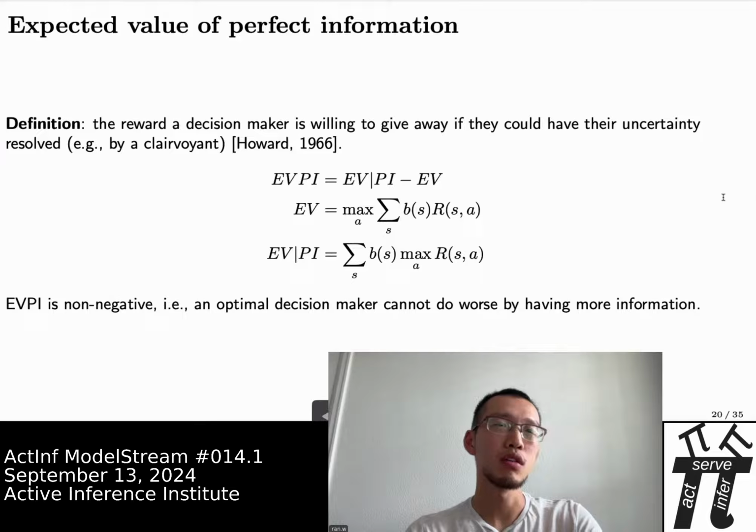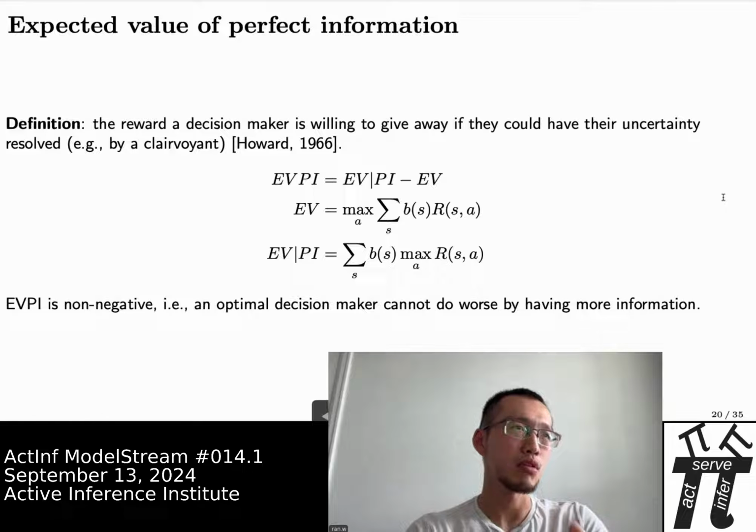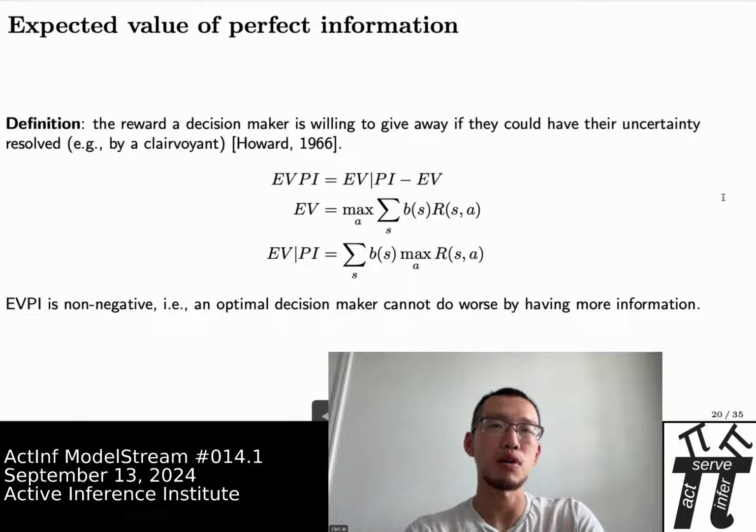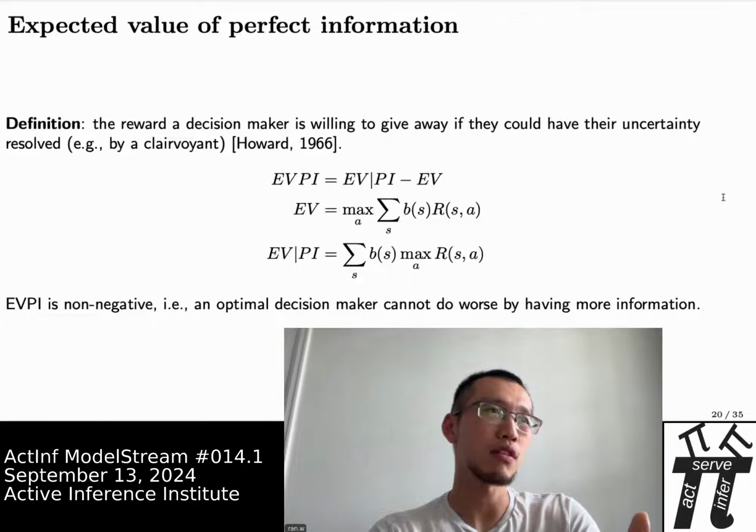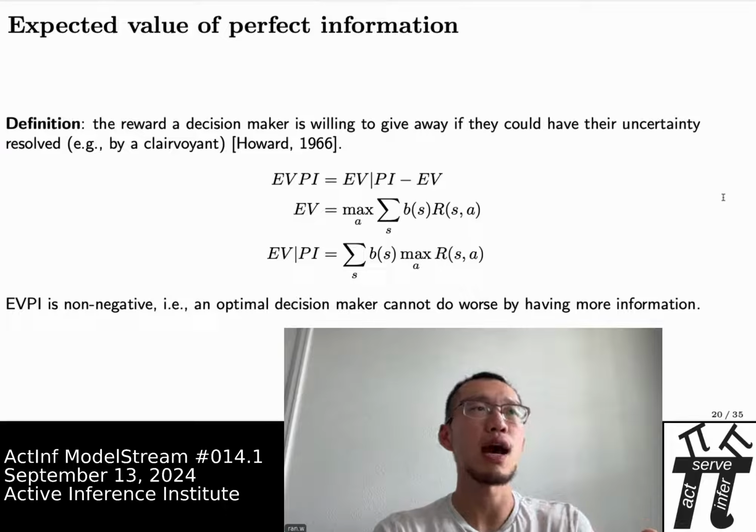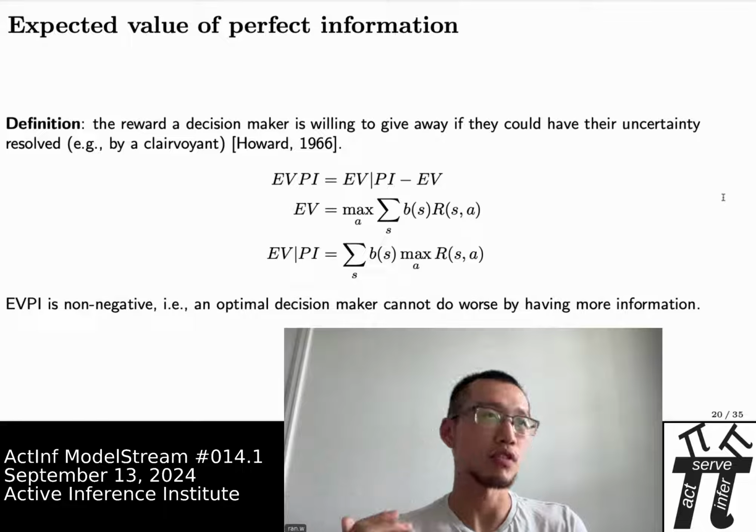So the value of information, the most popular definition was given by Ronald Howard, 1966, where he defines it as the reward that a decision maker is willing to give away if they could have their uncertainty resolved by some magician, for example.